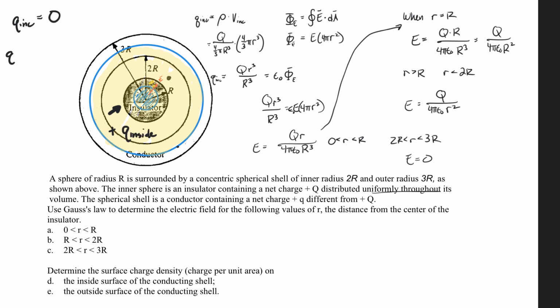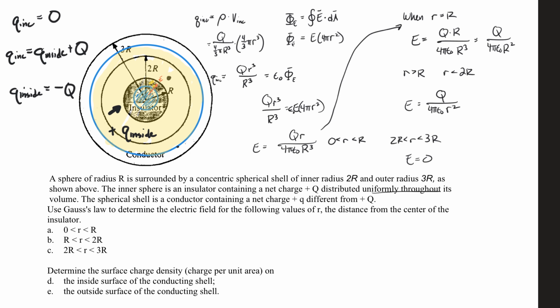I know Q enclosed has to be 0, but also has to be Q on the inside of the shell plus Q from the sphere. So doing a little math, Q inside has to equal negative Q.